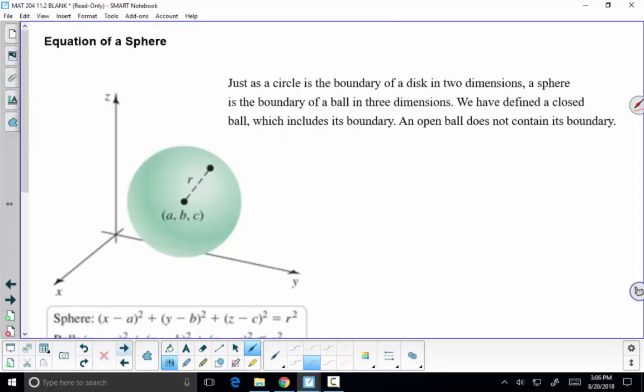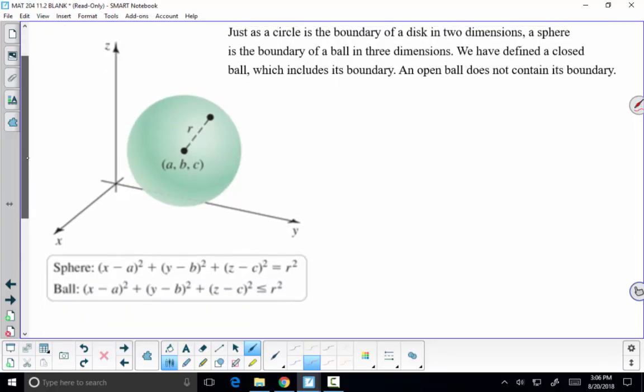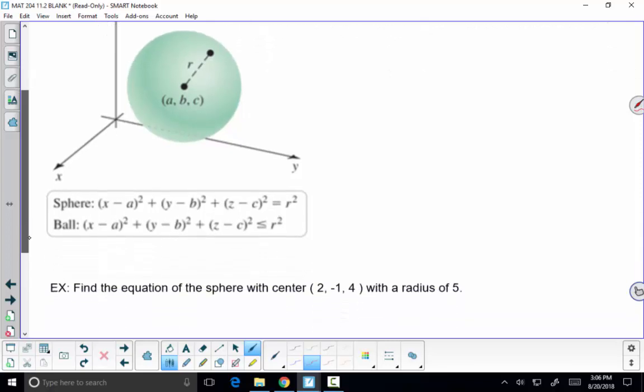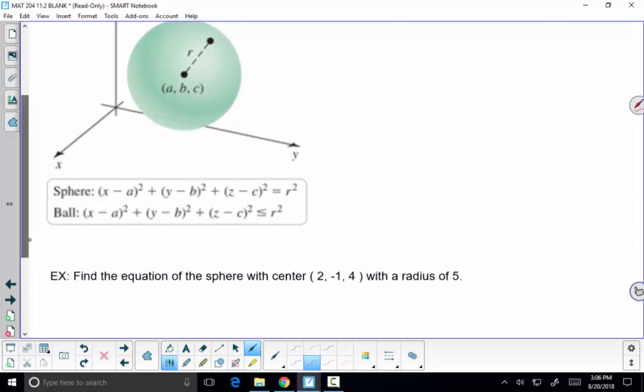All right, we need to know the difference between a sphere and a ball. In math, a sphere is hollow, but a ball is solid, like a pool ball, the billiards ball. So a sphere is just the edge of a ball, and you have all seen the equation of a sphere before.